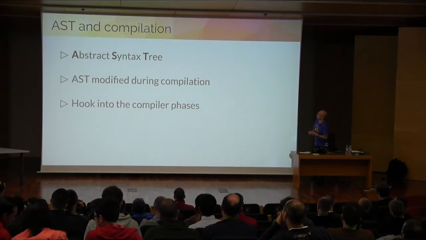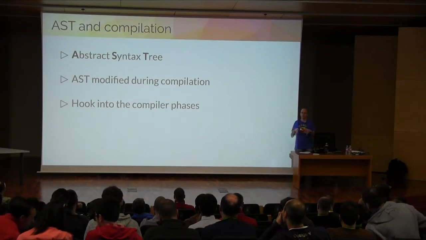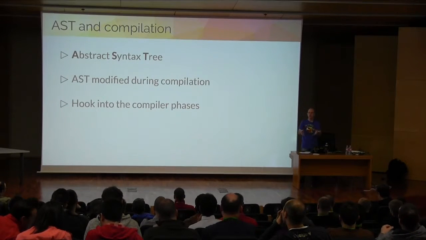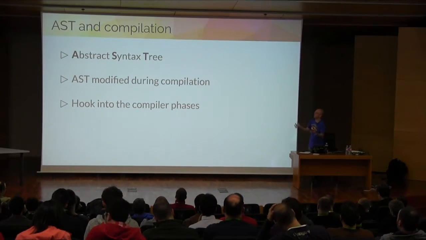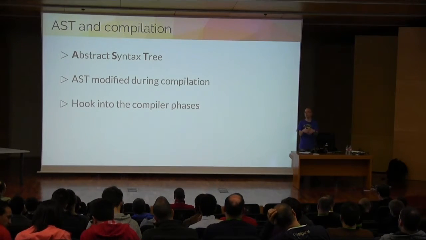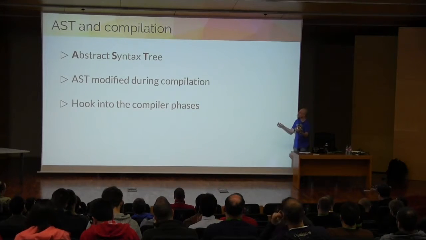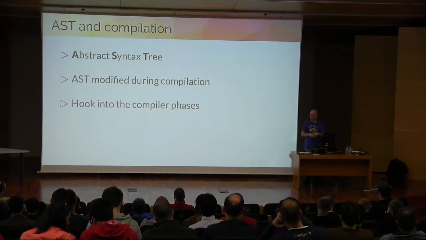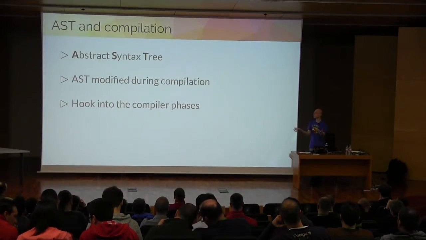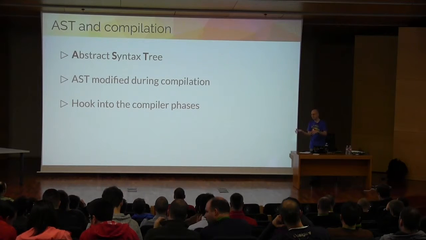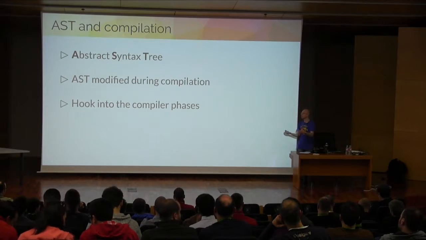So when the Groovy compiler reads our source code, it creates an in-memory abstract syntax tree that represents our code. During the different phases of the compilation, the compiler will rearrange the nodes on the tree, add new nodes, and even remove nodes. In the final steps, this tree is converted to the final bytecode.